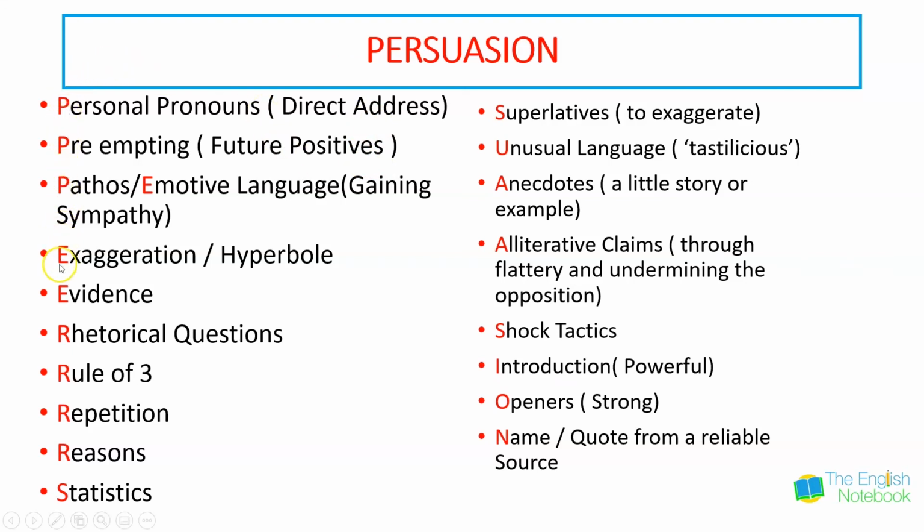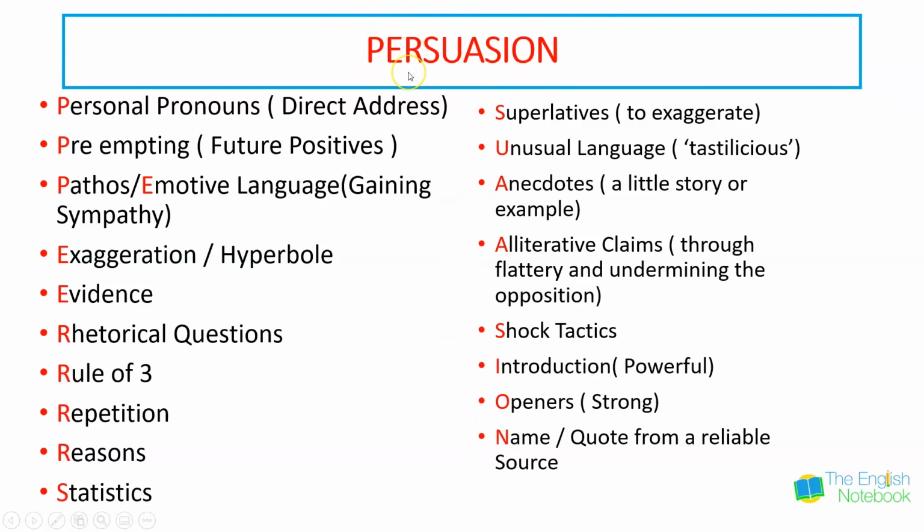Now, I want you to look very carefully at what I've done. I've put it in an order that you can remember. P, E, R, S, U, A, S, I, O, N, in order of how the word persuasion is written, to make it easy for you to remember to use as many of these devices as possible in your exam.